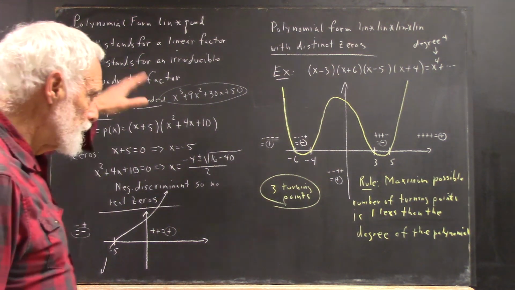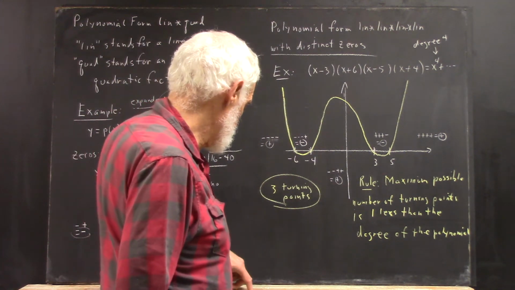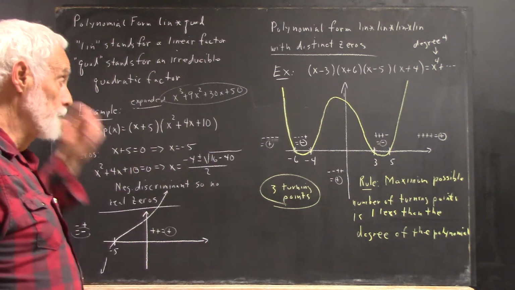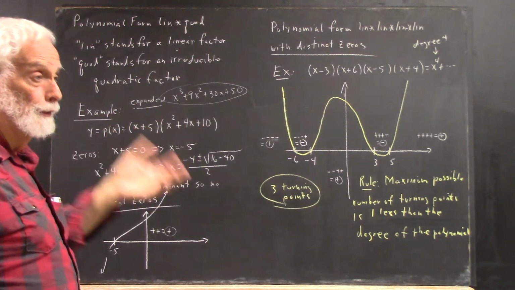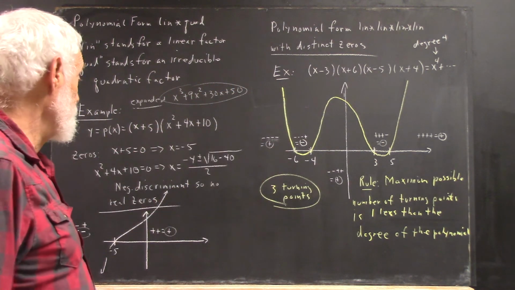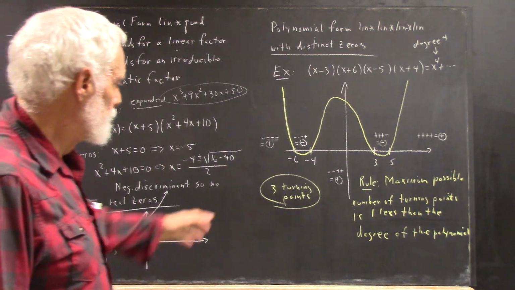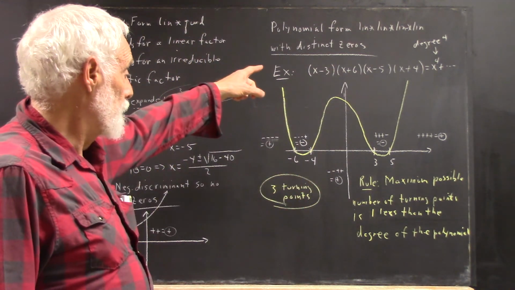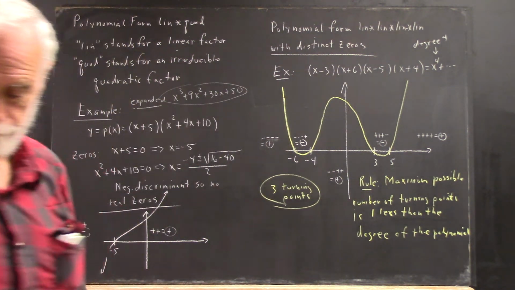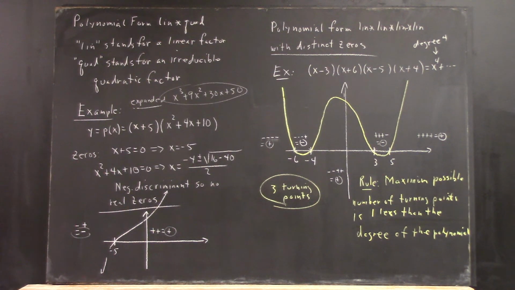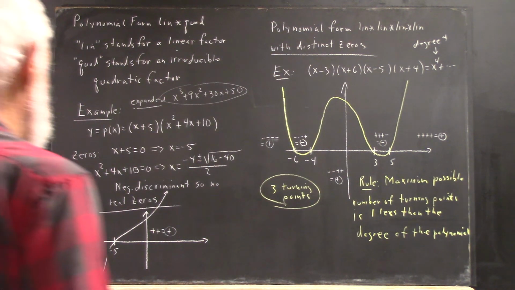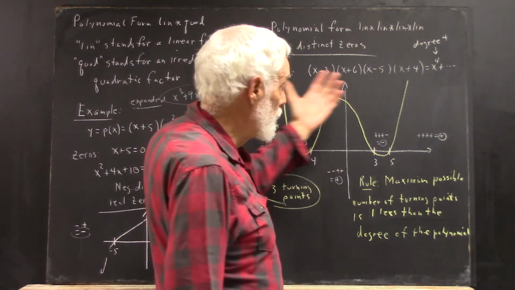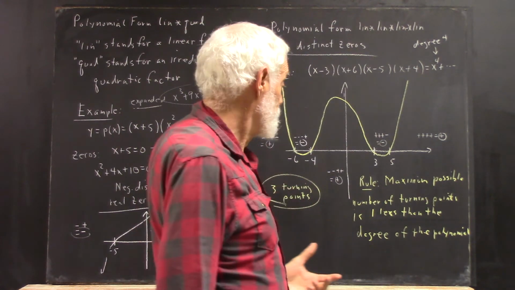So I'm not going to say any more about that because it gets a little beyond the scope of the course. In a calculus course, you learn to do more analysis about inflection points and higher derivatives and so forth. Okay, so there we have it. Now for problems, I might well ask you, well, what if we had 5 distinct linear factors?